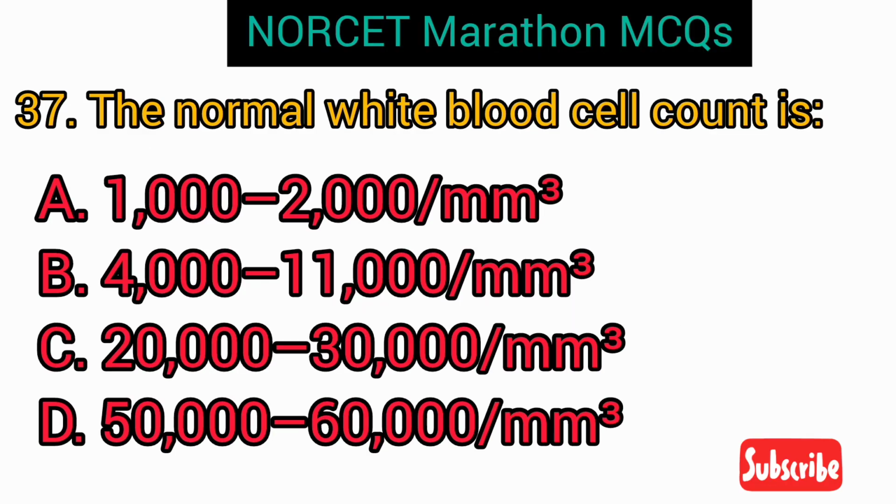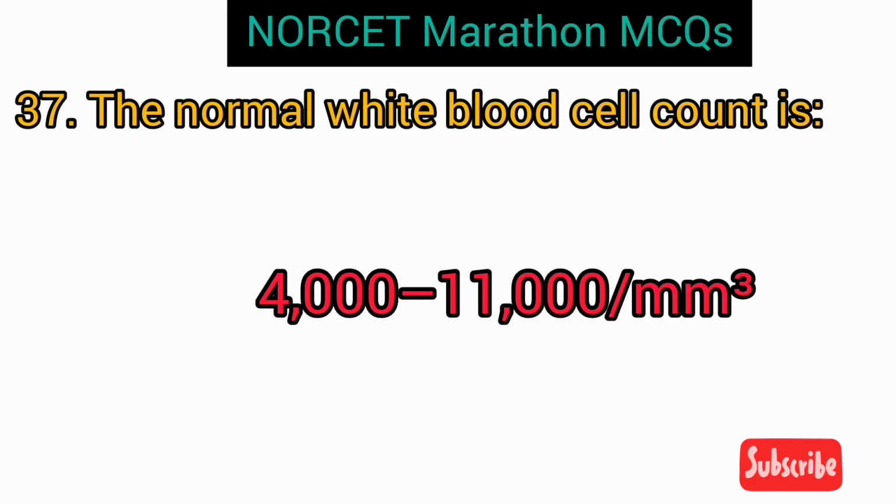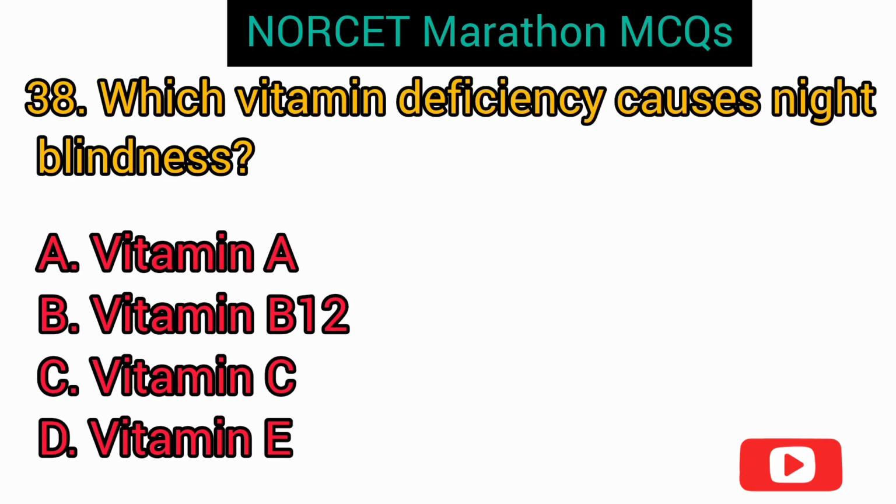The normal white blood cell count is 4,000 to 11,000 per cubic millimeter. Which vitamin deficiency causes night blindness?